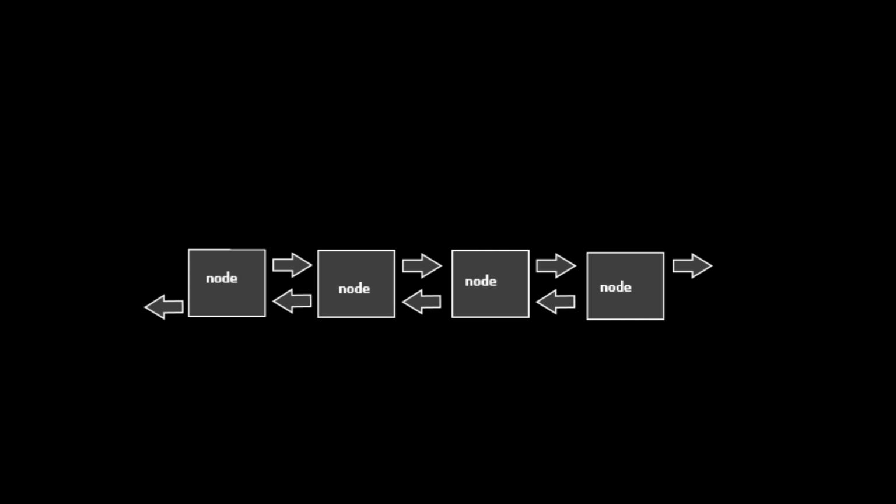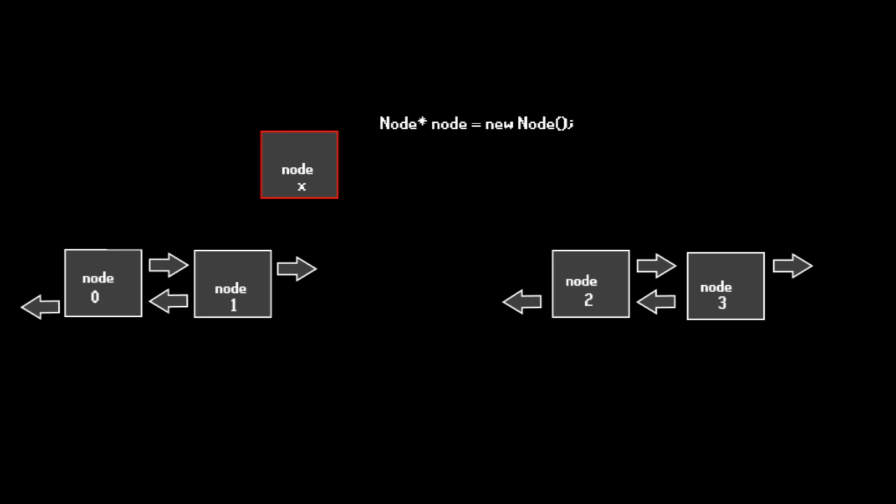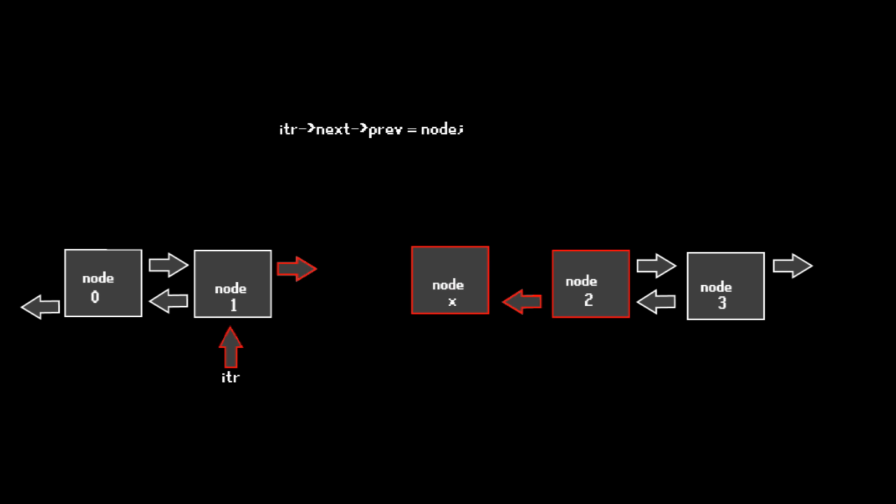So another thing you might want to do would be to insert a node somewhere in the middle of the list. So let's just say we want to insert an element right here between node 1 and node 2. As per usual, the first step is to create a node pointer to a new node. And then using an iterating node, we have to get to the node just before where we want to insert the new node. We then have to go to the next node after the iterator and say that its previous node is the new node.